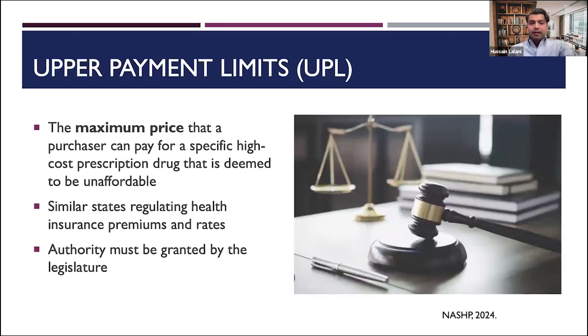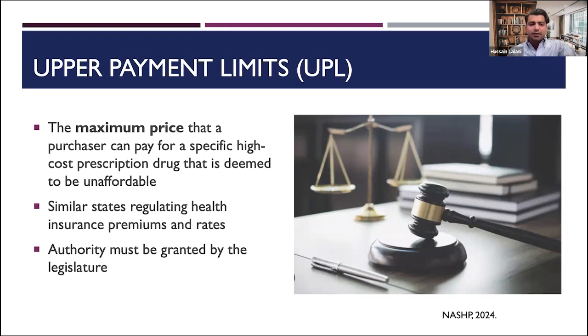So I want to delve a little bit into the upper payment limit because this is a really key policy tool to understand. An upper payment limit is the maximum price that a purchaser can pay for a high prescription drug that is deemed to be unaffordable. And this is like the limit that can be paid by insurance companies or by hospitals and clinics purchasing prescription drugs.